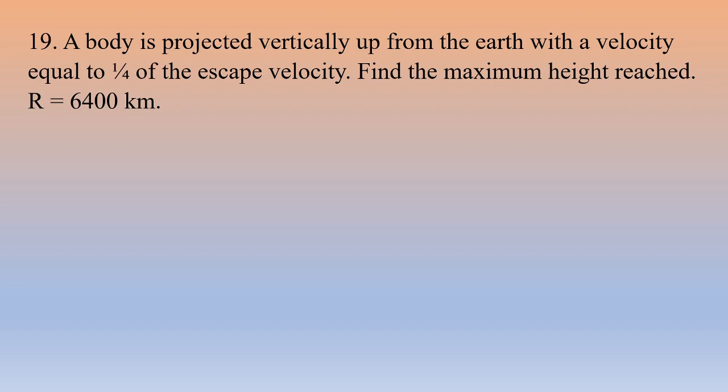The body is not capable of leaving the gravitational attraction because it is projected with a velocity less than the escape velocity, but it is not very small. In that case, we have an expression for the maximum height reached by the body.